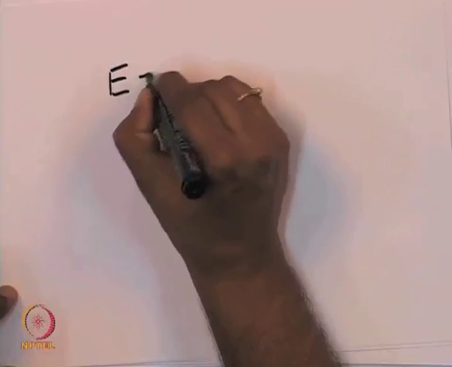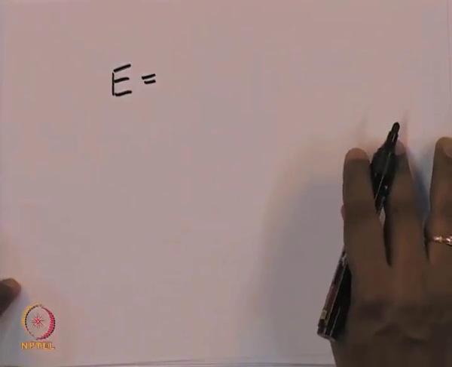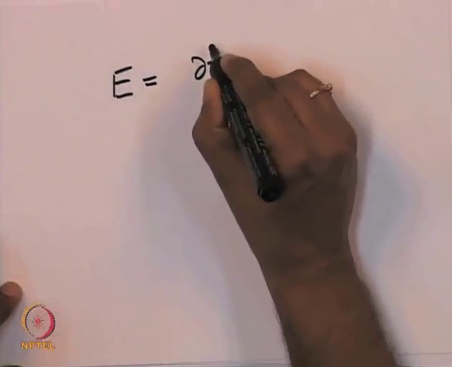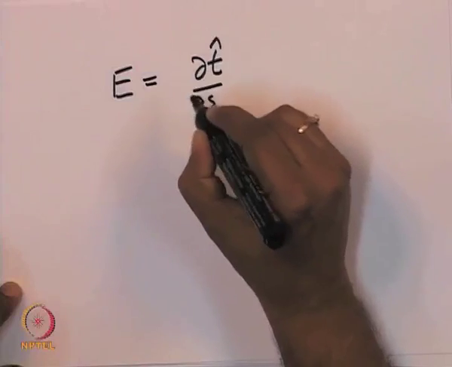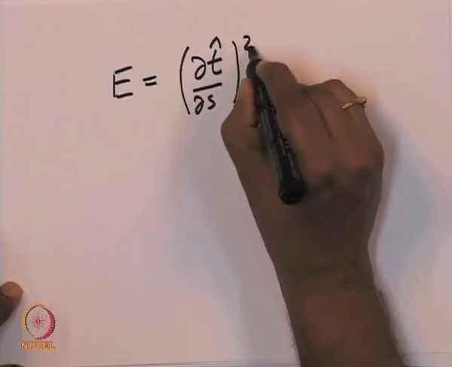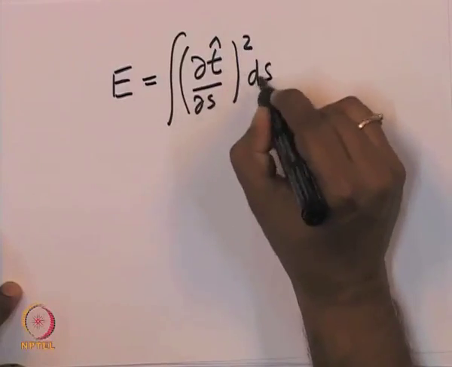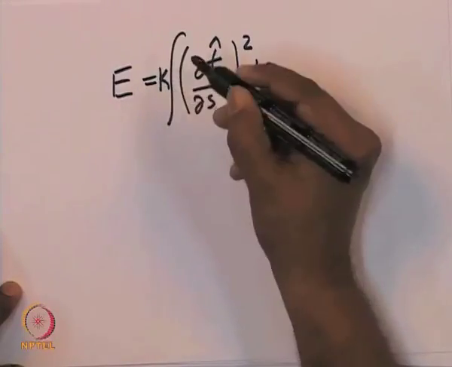It turns out that the energy can be written as E is equal to kappa times the integral of (del T by del S) whole square ds, with some constant kappa.